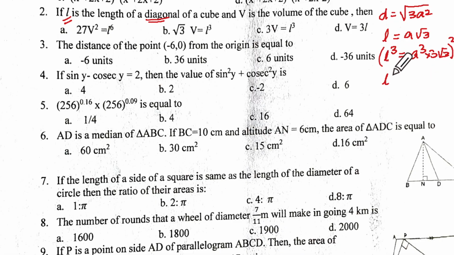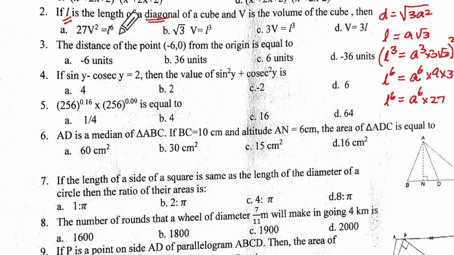So L to the power 6 equals A to the power 6 into 3 squared, means 9 into 3, so L to the power 6 equals A cube squared, A to the power 6 into 27.